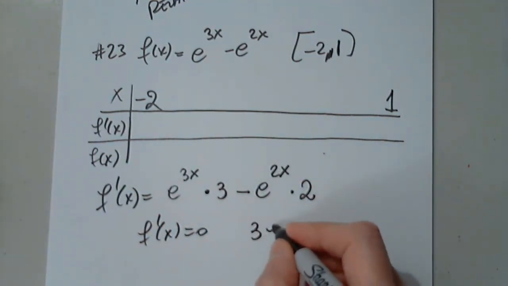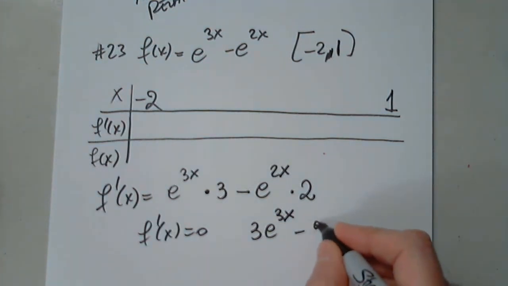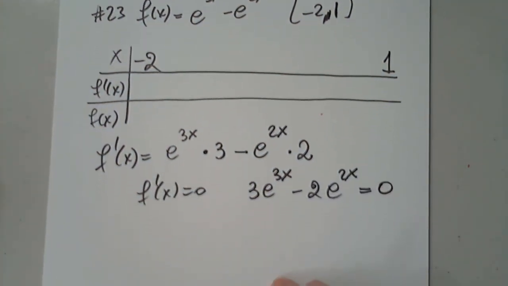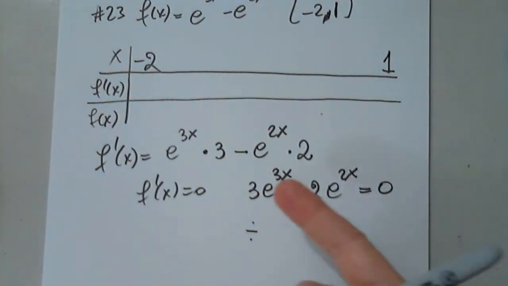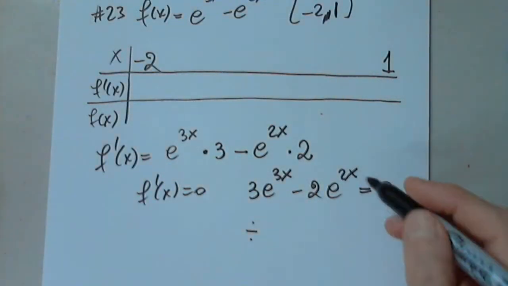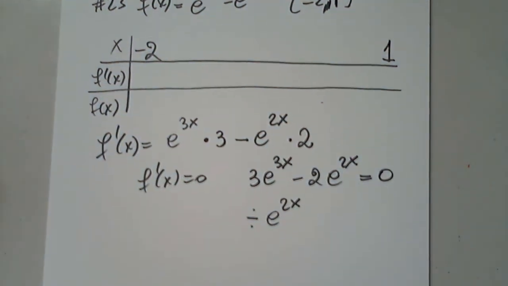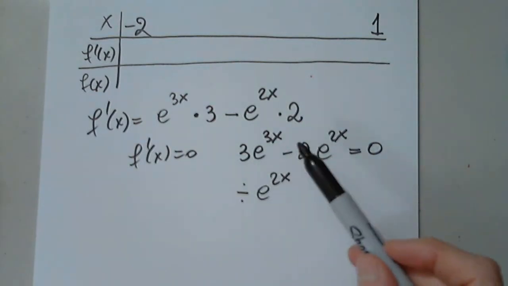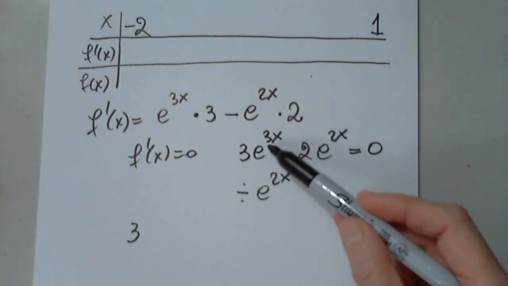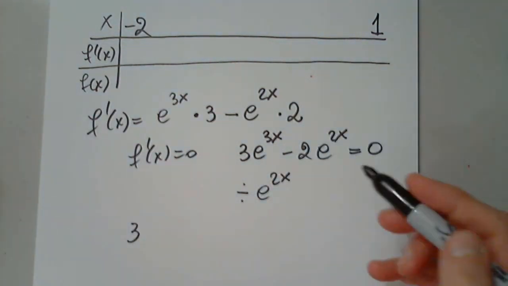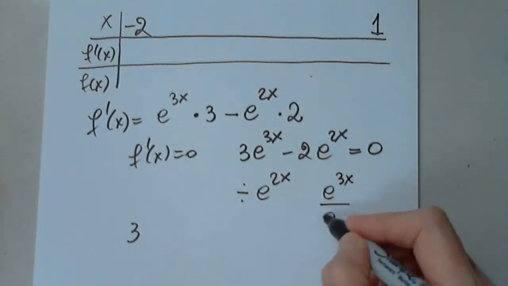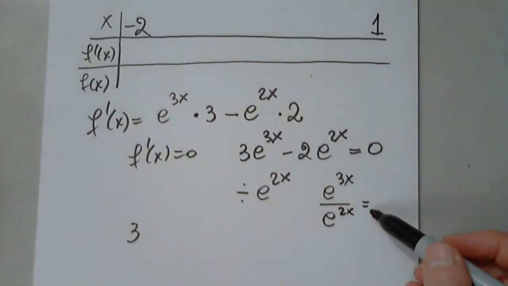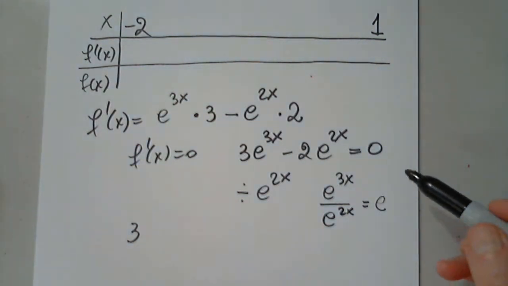I have 3e to 3x minus 2e to 2x equals 0. We have to divide both sides by one or the other. It doesn't matter. I'm just going to choose e to 2x. That's the better of the two. Good. So 3 e to 3x divided by e to 2x. Can anyone tell us what this means? How much is this? E to 3x divided by e to 2x. E to which power?